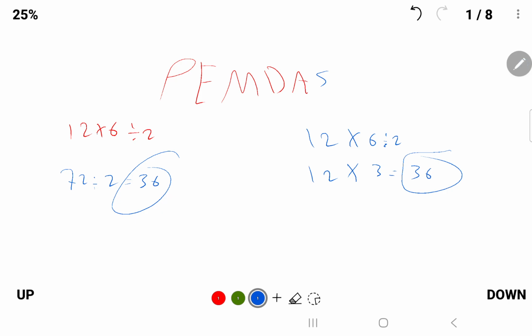Now, if we have division first, we solve the equation from left to the right, and if we have multiplication first, we solve it in any order.